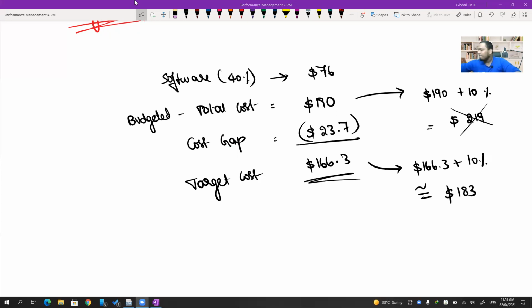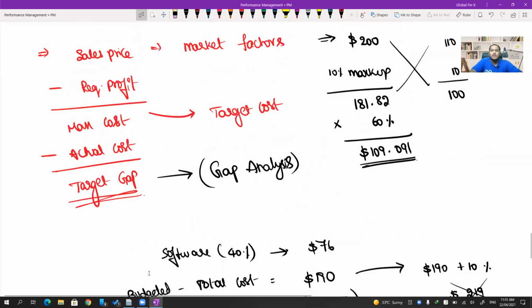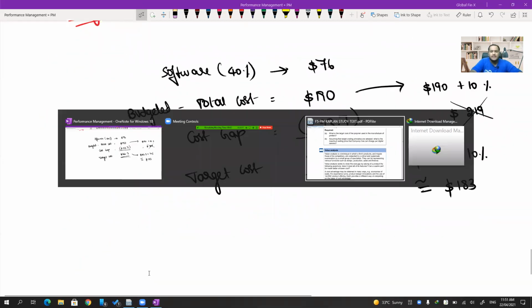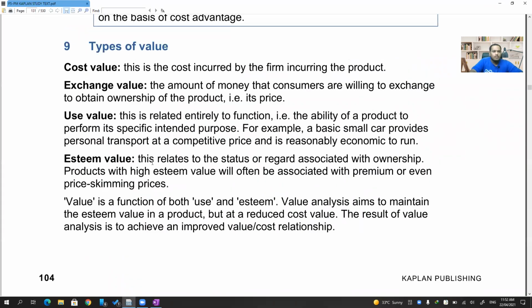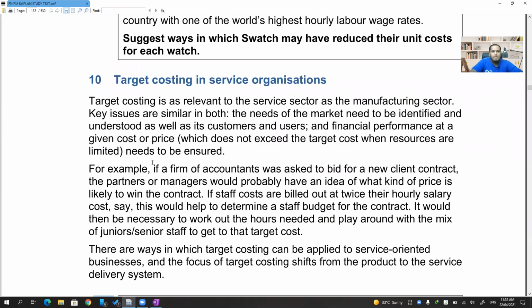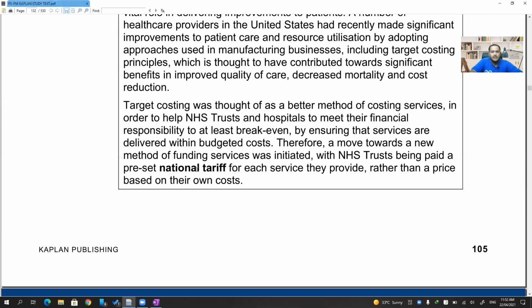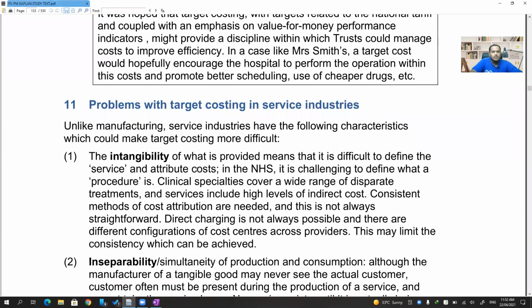That's nice. Good. What about others? Understood? Very good, ma. So target costing, if you understood these calculations, then you are in a good pace. That's nice. Nice, nice. Everybody got it then? Chalo.